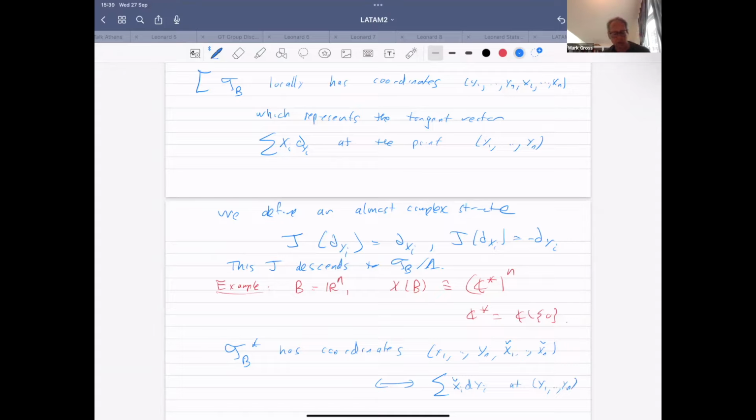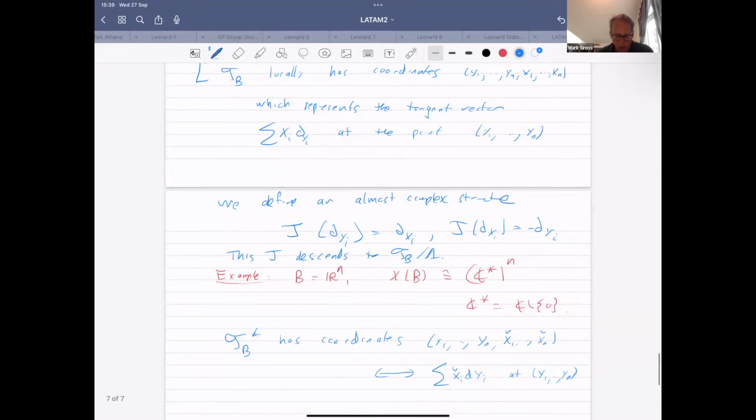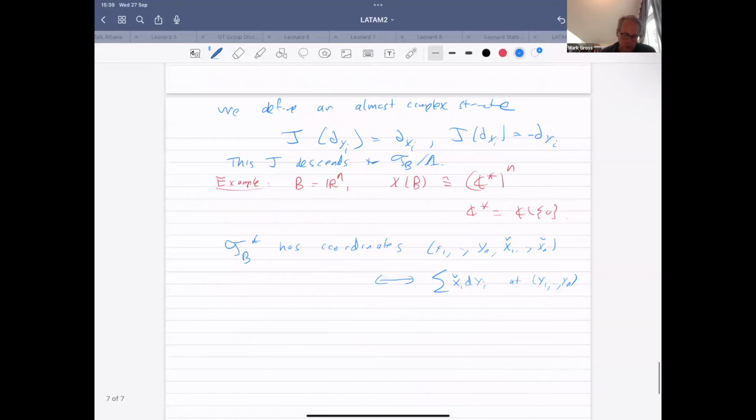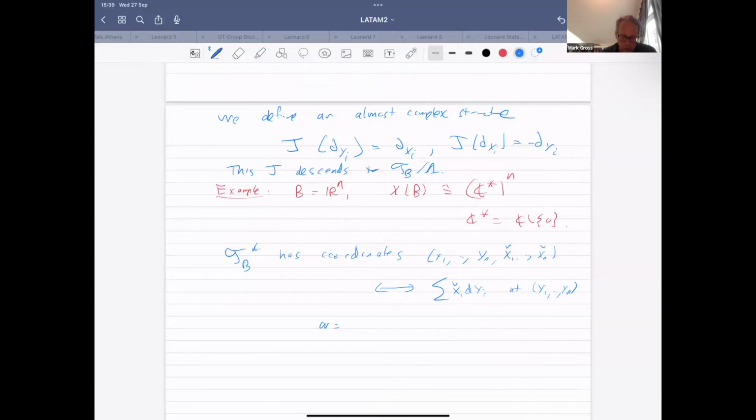And that's an element of the cotangent space. And then you can write down what's known as the standard symplectic form on the cotangent bundle, summation dxi hat wedge dyi. And this descends also to the quotient T*B mod lambda check.